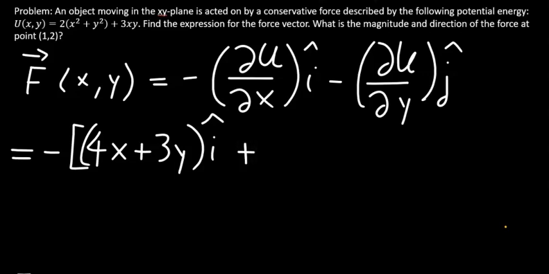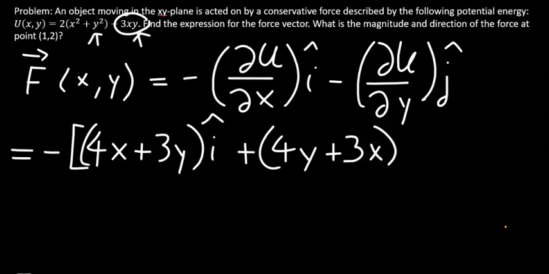Now the second derivative, partial derivative of U with respect to y. So you have the first y term and the second y term. So the first y term upon differentiation will give you 4y. The second term is differentiated by assuming x is constant, and that's going to give you 3x, j hat.